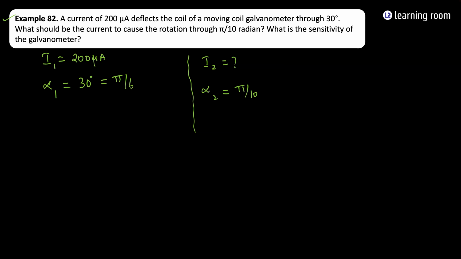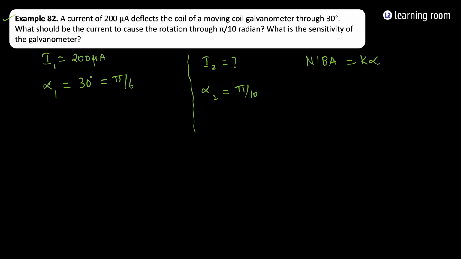So what is the formula I told you? NIBA is equal to K alpha. This is what we need to apply. Since you are using the same galvanometer, which values are the same in both cases? The number of turns is the same. Is the current the same?